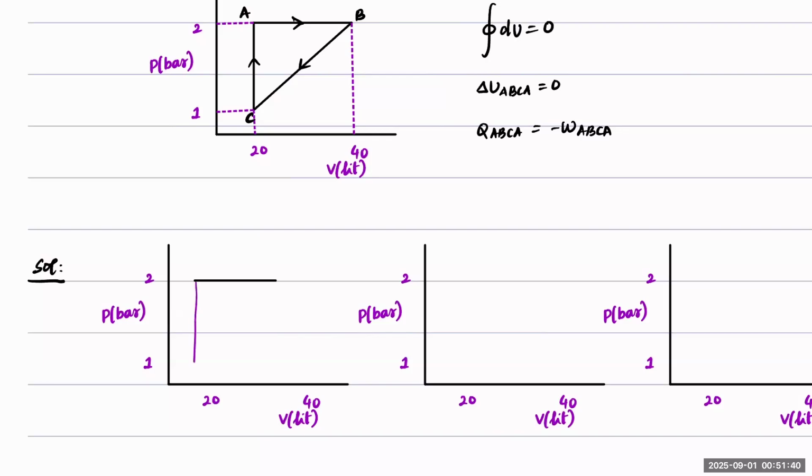So from here to here, I need to check how much area you will get. This is in the first process, A to B. Whatever we get is the area under that particular graph.